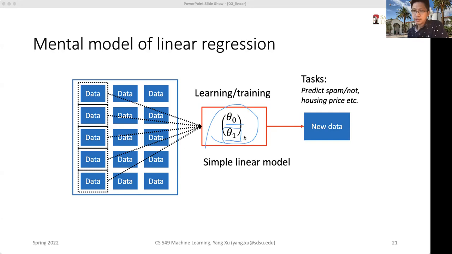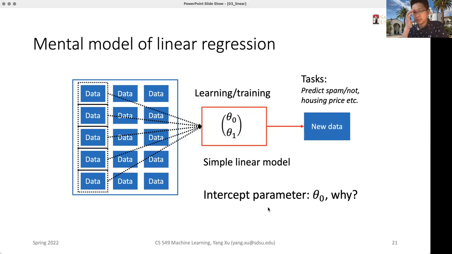That will be the collection of parameters in our model. That is basically the construction of a simple linear regression model. We will need an intercept parameter theta 0 because that will make the model much more flexible.